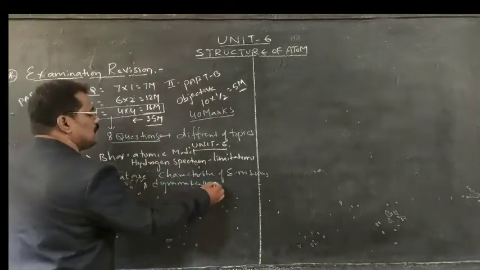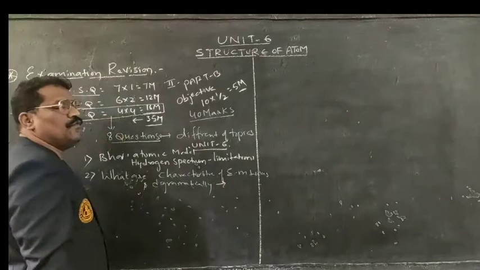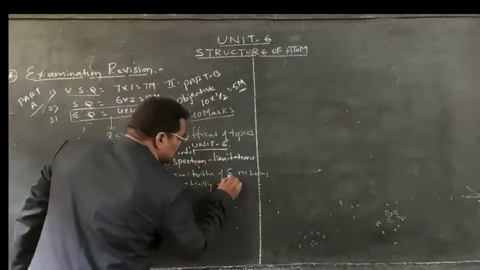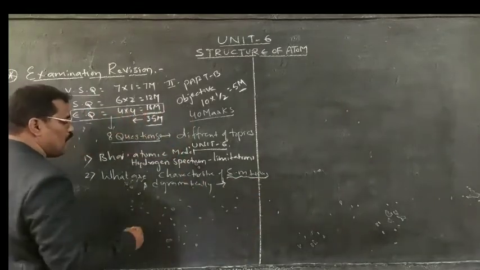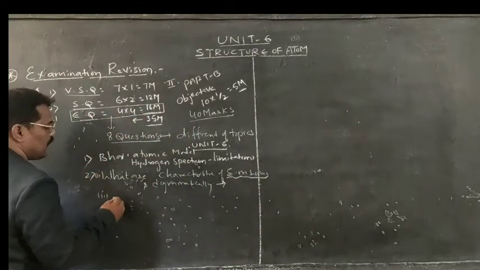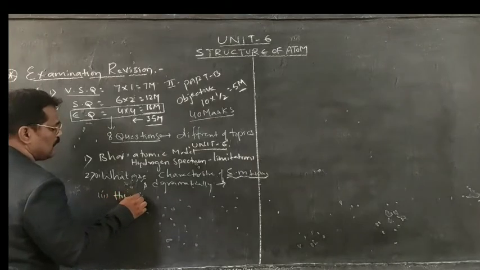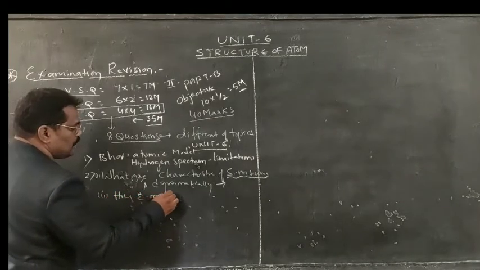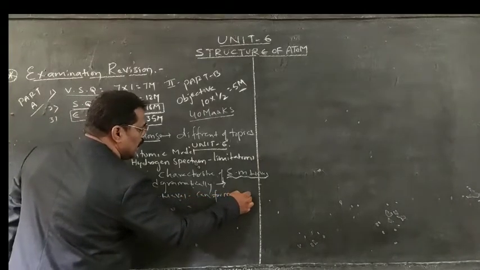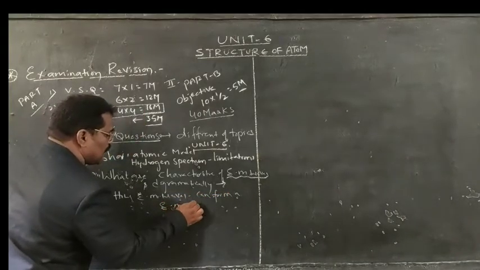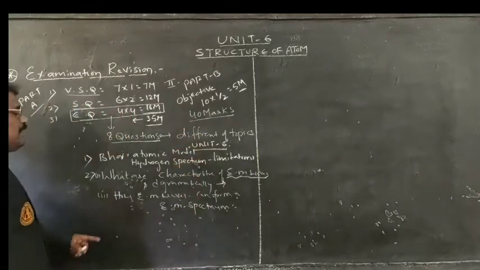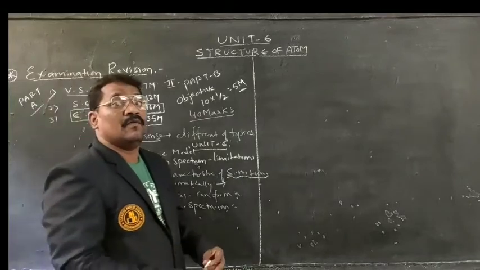If we ask, that question could be for 4 marks. And after this, how these electromagnetic waves form an electromagnetic spectrum. This would be a second question of 4 marks.